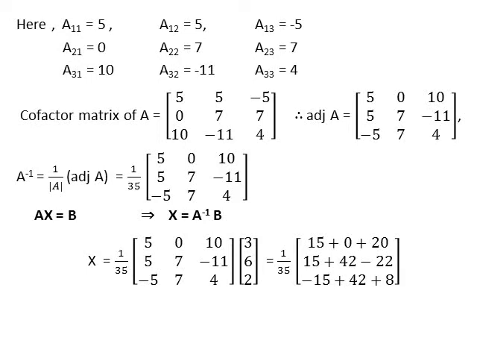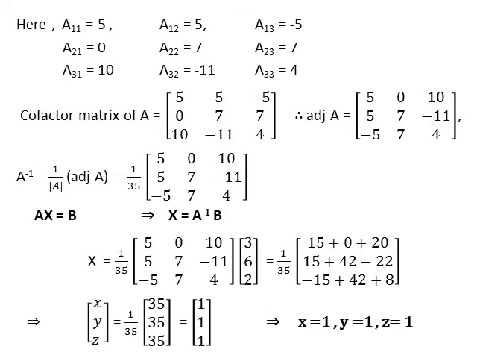In next step, write 1 by 35 as it is and take product of these two matrices by following the rule of matrix multiplication as shown here. We get a column matrix of order 3 by 1 in which each element is 35.